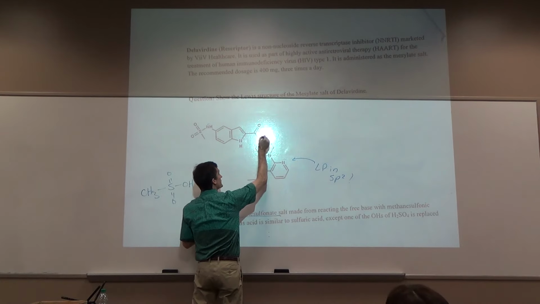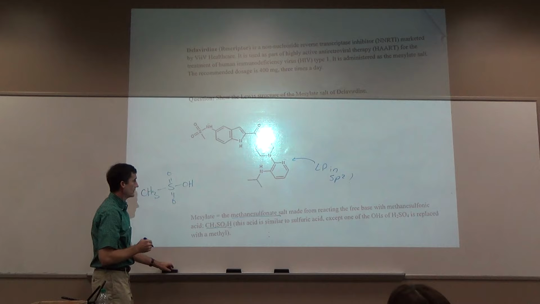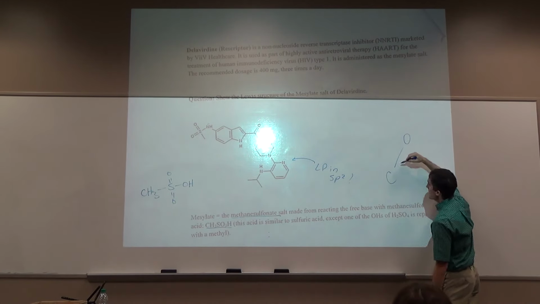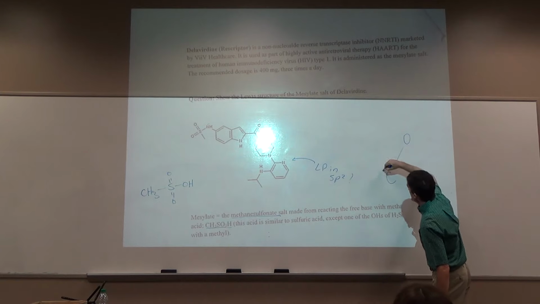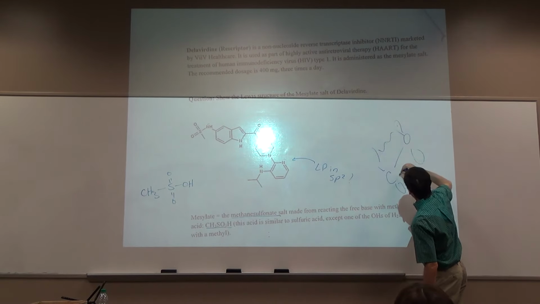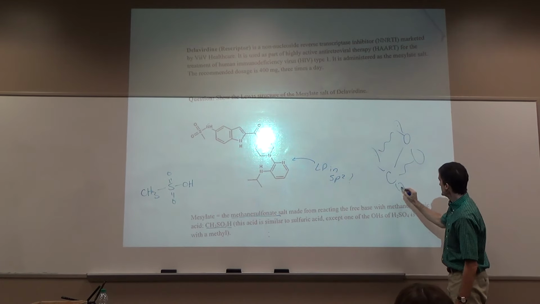Well, this lone pair is in what type of orbital? P orbital. Because you have the carbon-oxygen sigma bond, but then you also have the pi bond, right? There's your double bond to oxygen. And then you have this bonded to nitrogen.